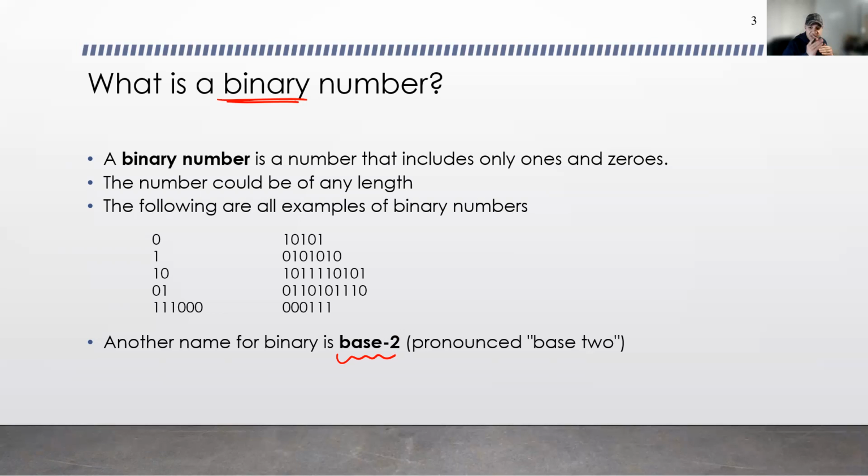It's always less than the base. So if you say base 10, then you can do from 0 to 9. If you say base 2, you can do from 0 to 1. Based on just these two symbols, 0 and 1, you can construct any number.